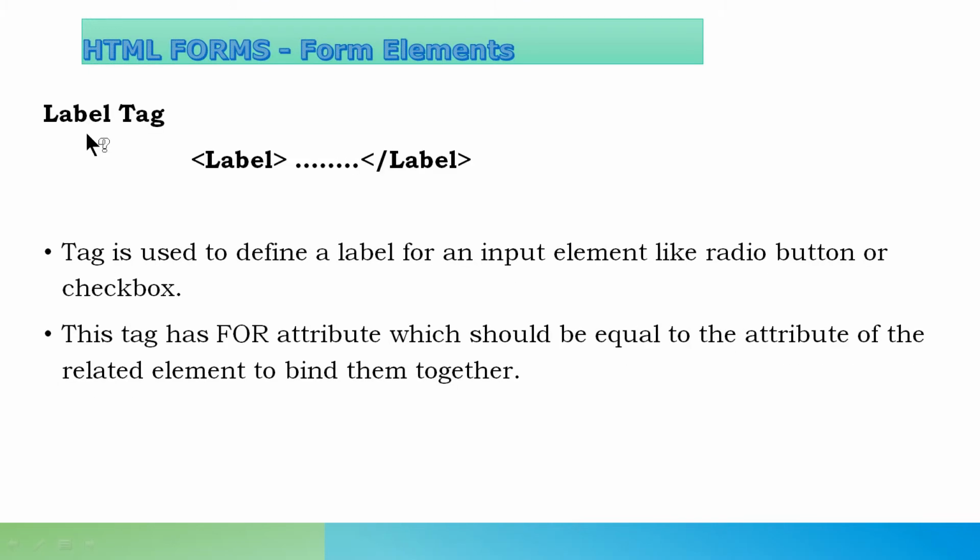Next comes the label tag, where we have the beginning and the closing. This tag is used to define a caption or a label for a form control in an HTML form. Each label element is associated with exactly one form control, either by using the for attribute, or by placing the control element inside the label element.